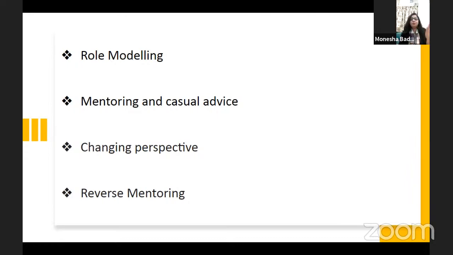Your mentor will help you change your perspective, the way you look at things, your life, your career, your education. A person with an experience and a journey will help you look at that same process from a far wider and a more positive point of view.